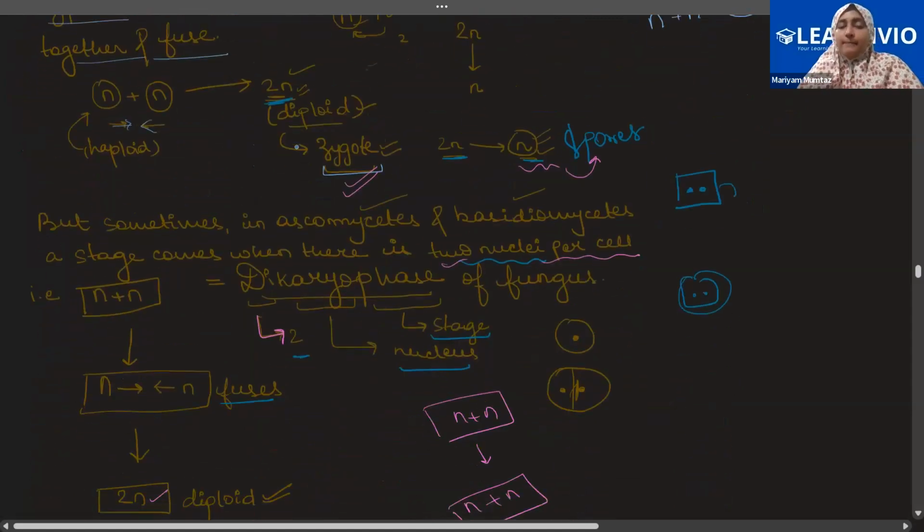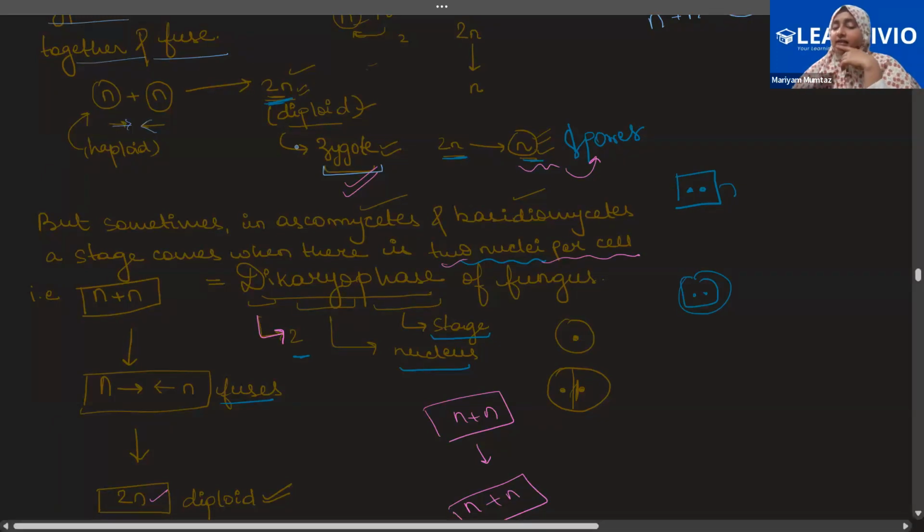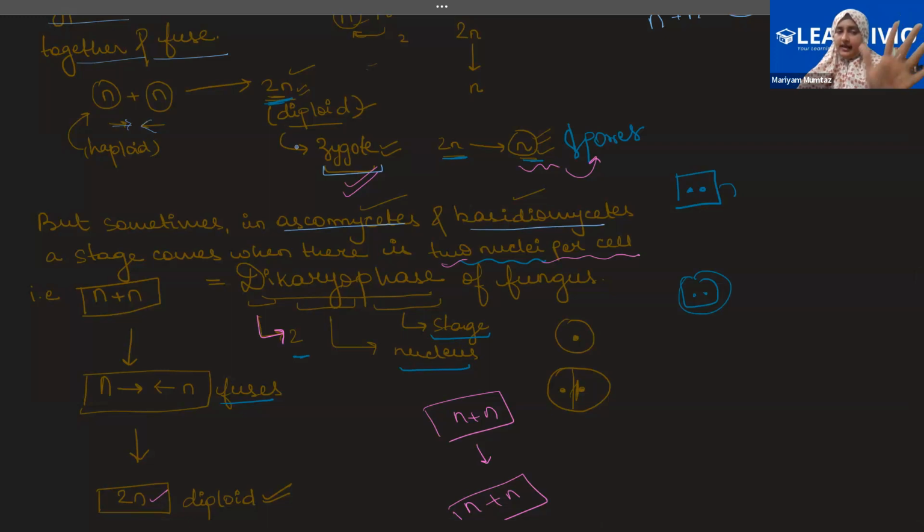Now, just like how there is algae, bryophytes and everything in plants, same way under the kingdom fungi there are certain groups such as ascomycetes, basidiomycetes. We'll study each of them separately. But in the normal case scenario, two haploid hyphae will come together and fuse and form a diploid structure. That is what is supposed to happen.